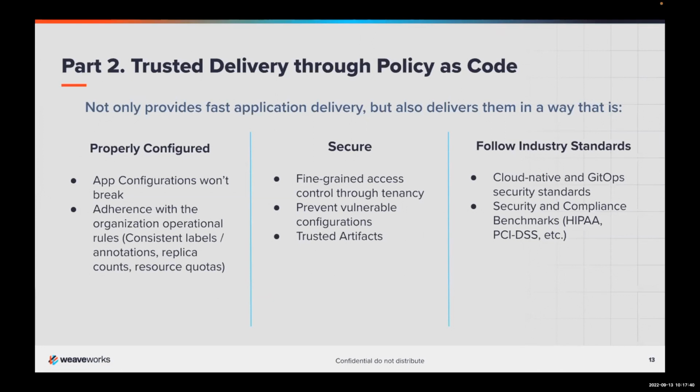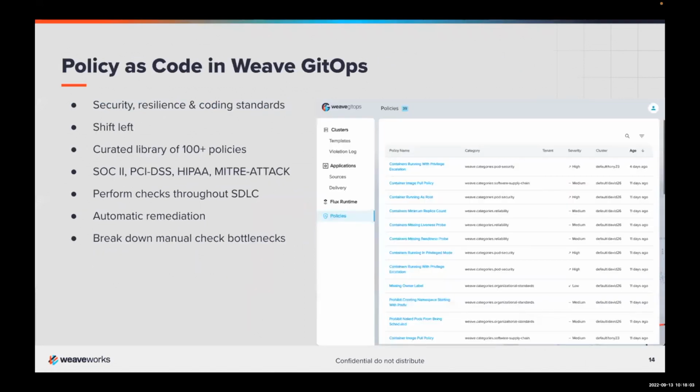And also around vulnerable configurations, so things like running as root, or privileged containers, those types of things, maybe we don't want to allow those in certain areas. And we want to follow industry standards and best practices, so things like PCI DSS, HIPAA, etc. So policy as code is going to focus around security, resilience, and coding standards.